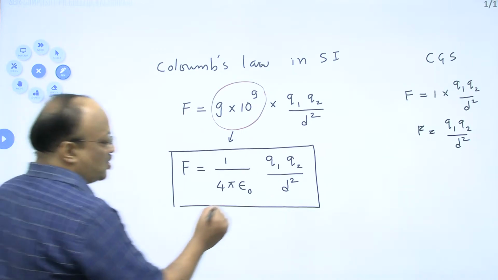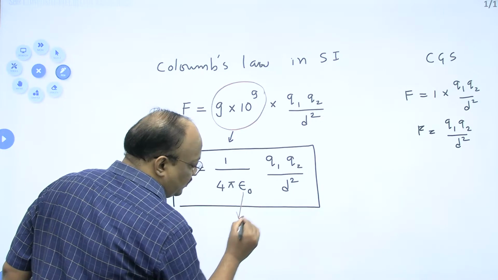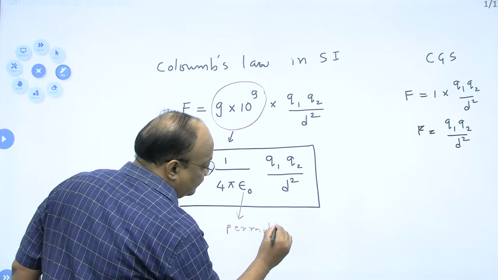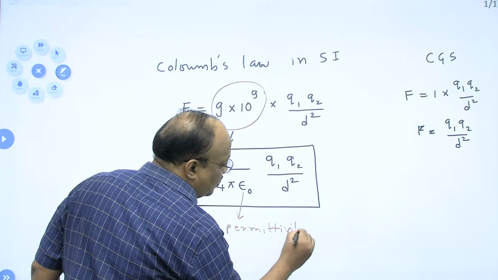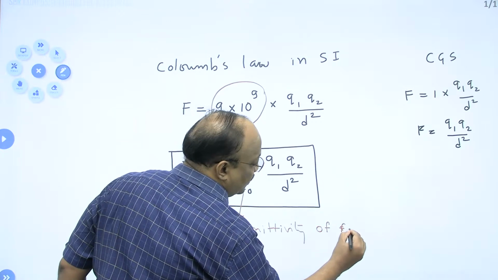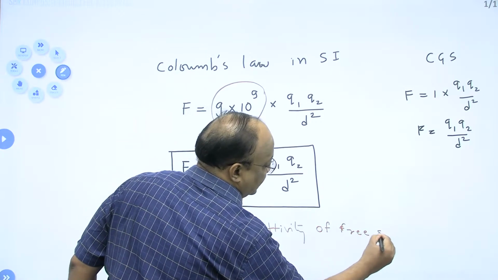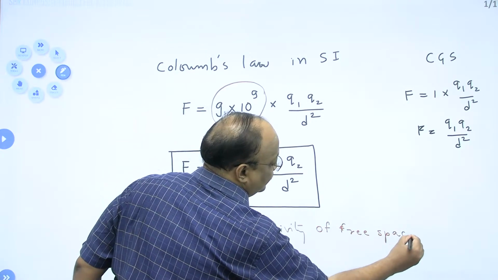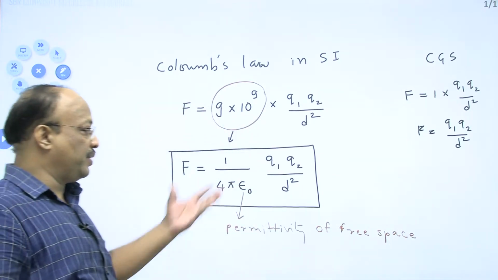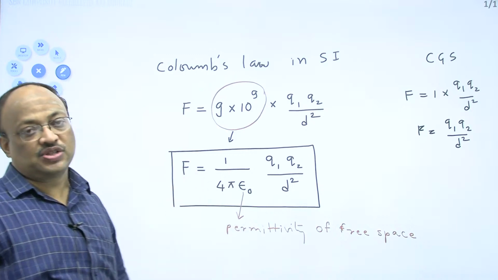This epsilon naught we call the permittivity of free space, permittivity of vacuum.